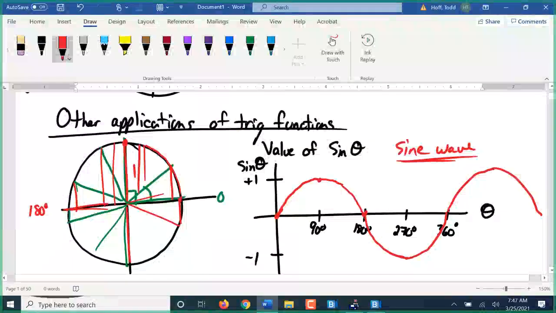Millwrights deal with this a lot because setting up the electrical for heavy equipment, you're dealing with all of your electrical power. What comes out of the outlet on your wall is in a sine wave. It's alternating current. Now, it's not +1 to -1 like the pure sine wave.